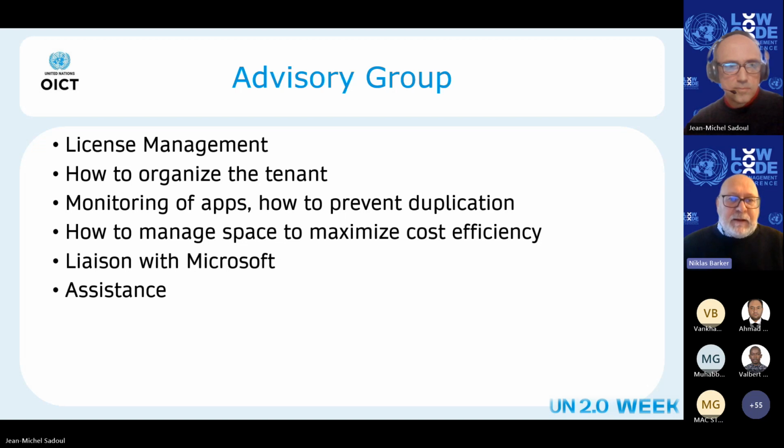We also manage and look at how to sort out the tenants. So what are the policies and requirements needed there, and what are the issues that are coming up? For example, monitoring applications, how to prevent duplications. OICT do a fantastic job here.